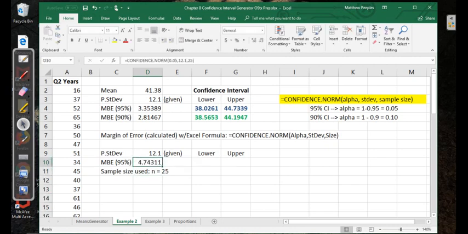Well, we get 4.743 this time, which looks like it's a larger MBE for our 95% confidence interval, and our lower and upper levels are going to be like this.